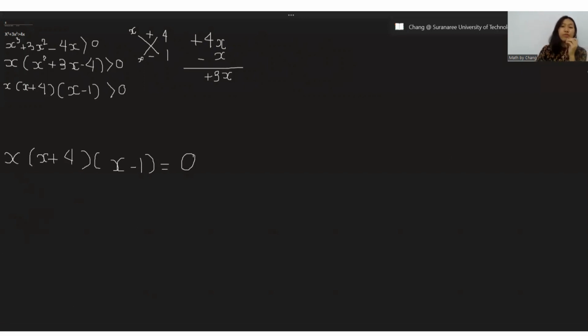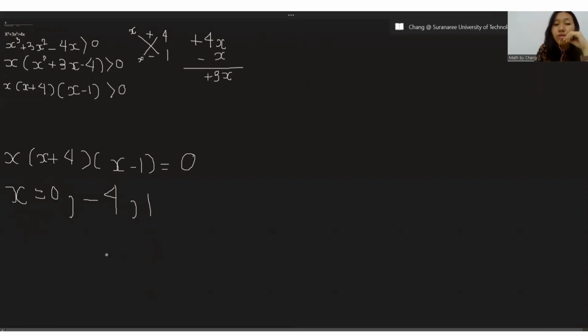So what will be the value of x? x equals 0, or x equals minus 4, or x equals 1. There are three values of x, so let's draw the number line. Here is minus 4, 0, and here is 1.